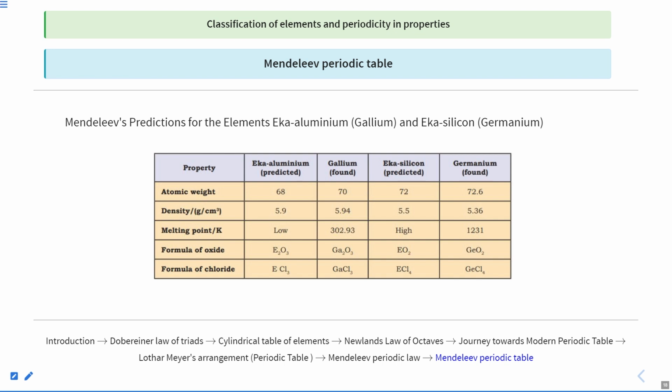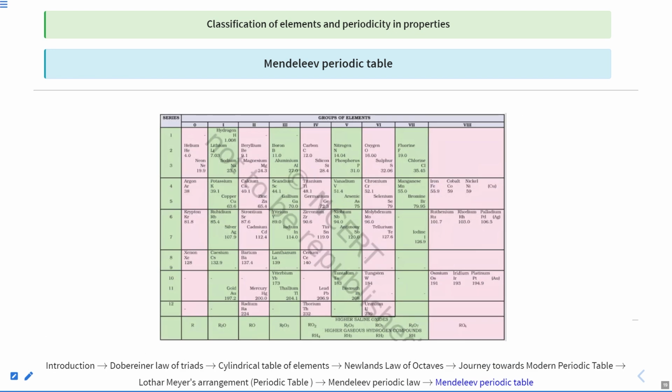Now, let us look at the Mendeleev periodic table. So, this is the Mendeleev periodic table. See, we have helium, hydrogen, beryllium, boron, carbon, nitrogen, oxygen, fluorine, argon, potassium. He placed these elements here, and he placed the noble gases here.